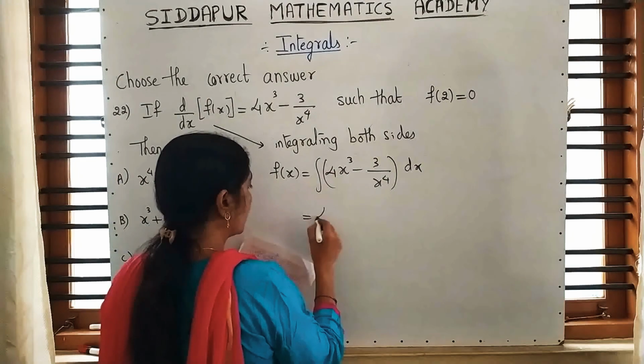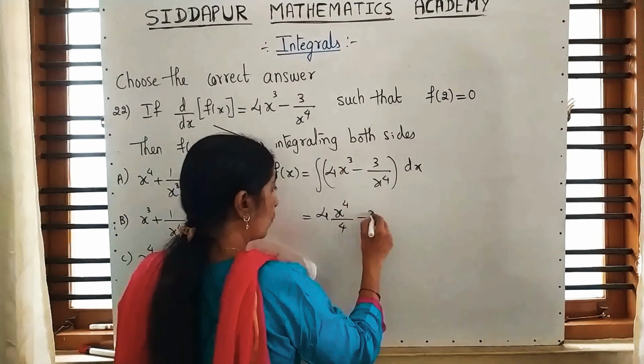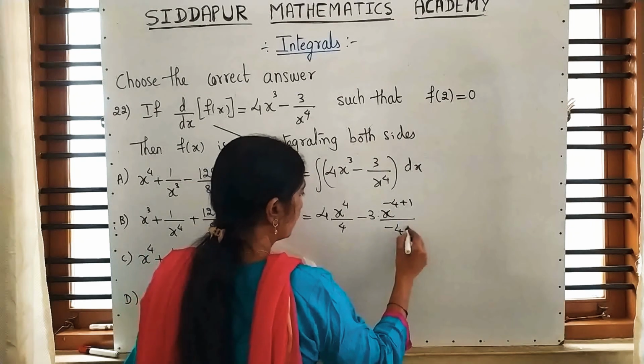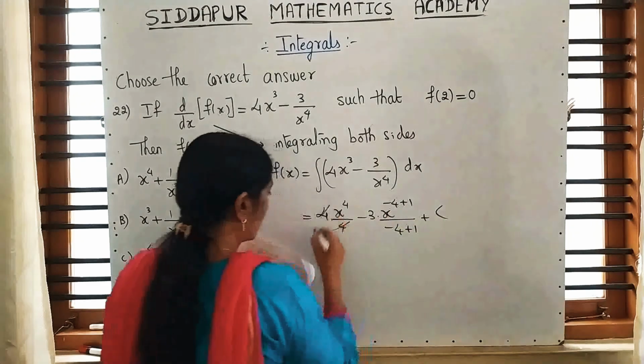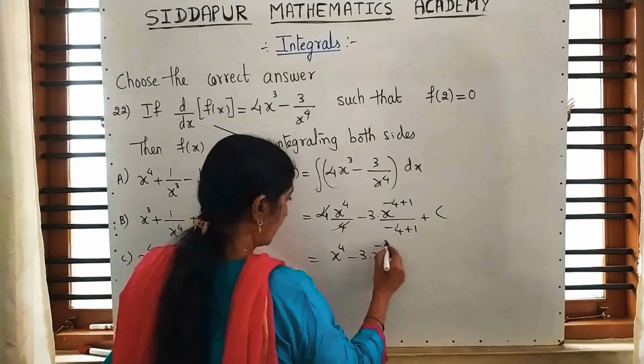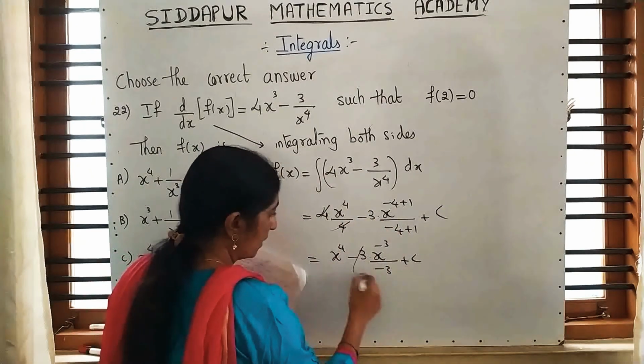Now integrate. x raised to 4 goes up. And these three get cancelled.